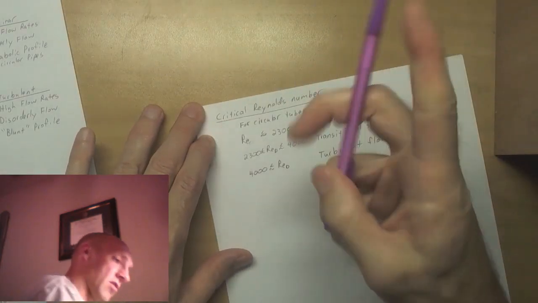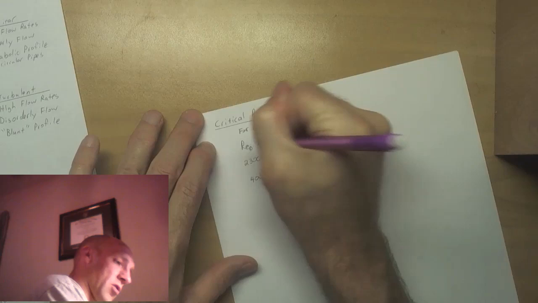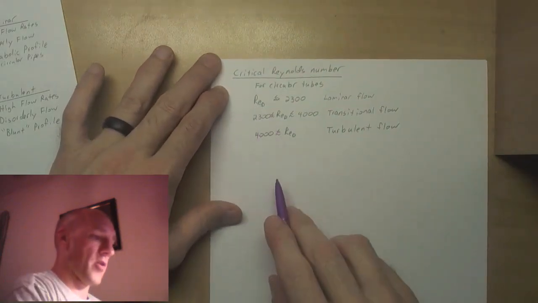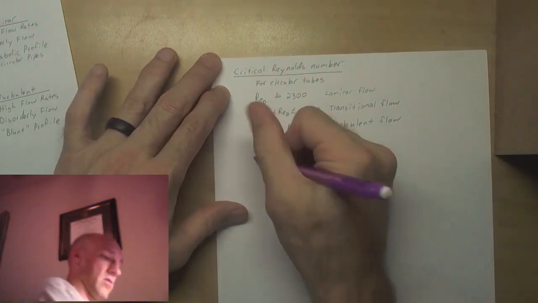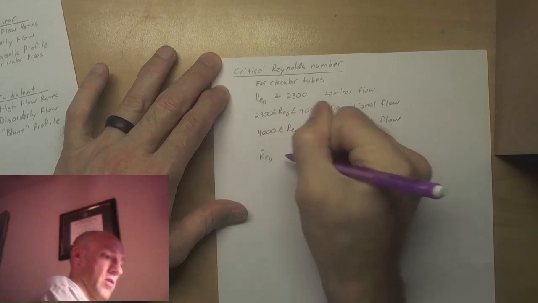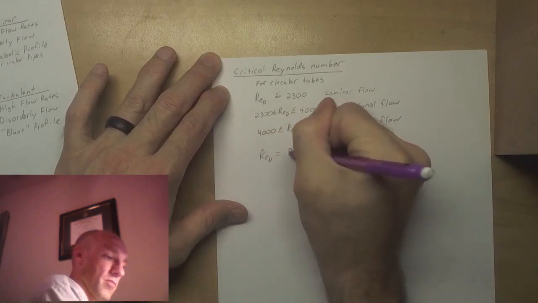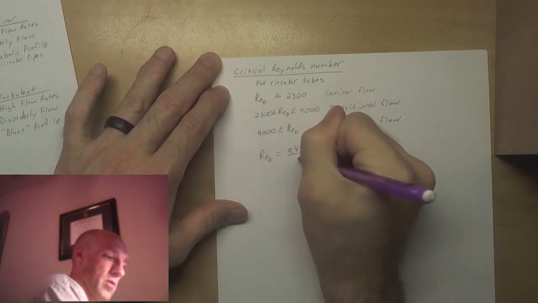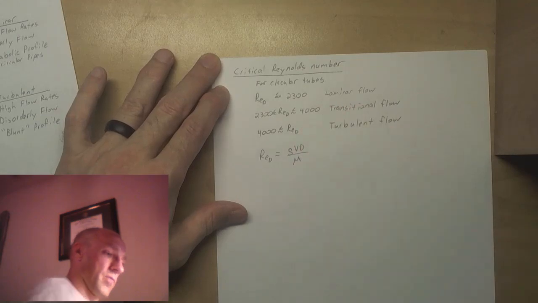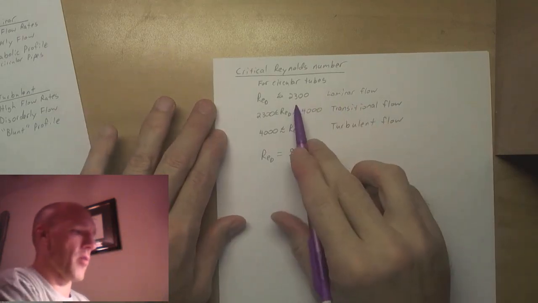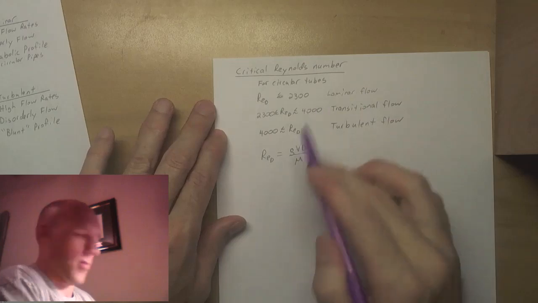All of these are the Reynolds number using the diameter as the characteristic length. Okay, so I guess the critical Reynolds number would be like 4,000 or something like that.